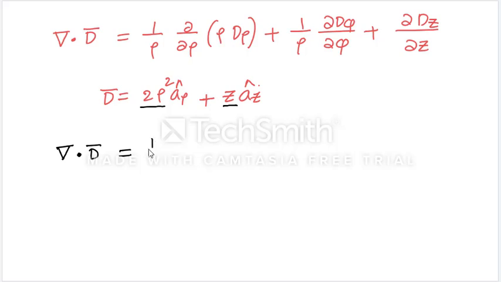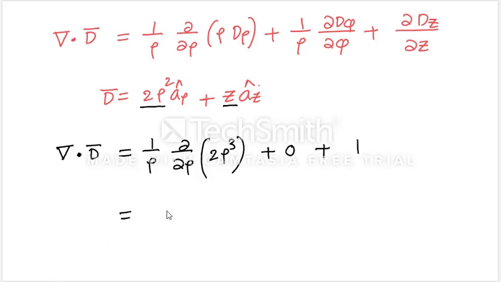Del dot D is equal to 1 by rho into dou by dou rho of rho into D rho. So it will become 2 rho cube, and this term is 0 and this term is 1. So how much is it? Yes, 6 rho plus 1, correct? So this is the del dot D we got.